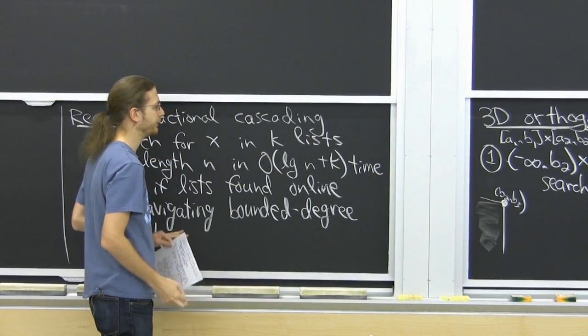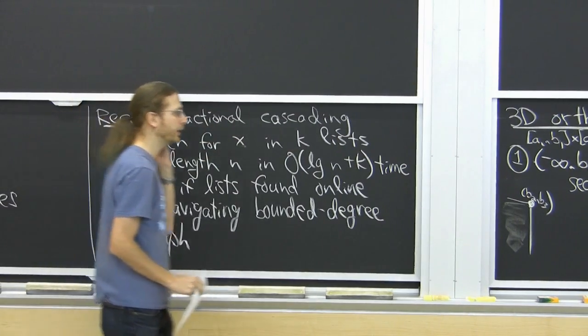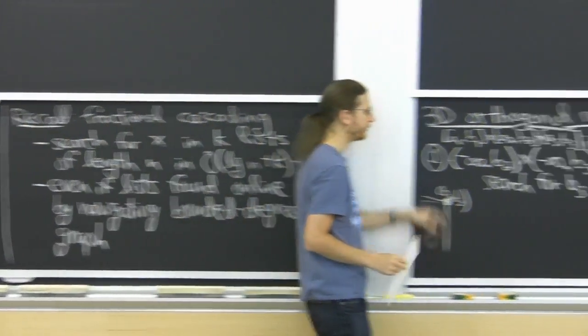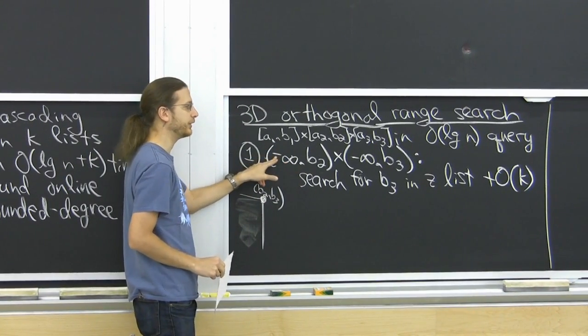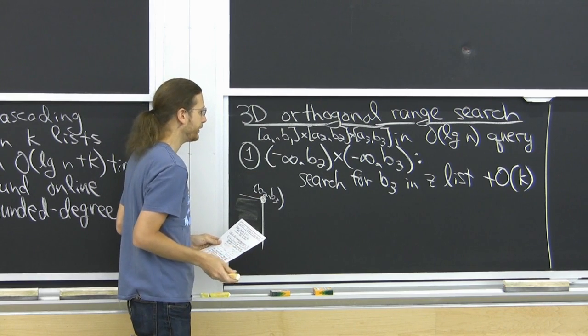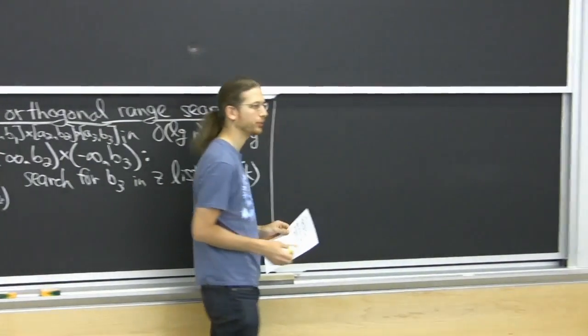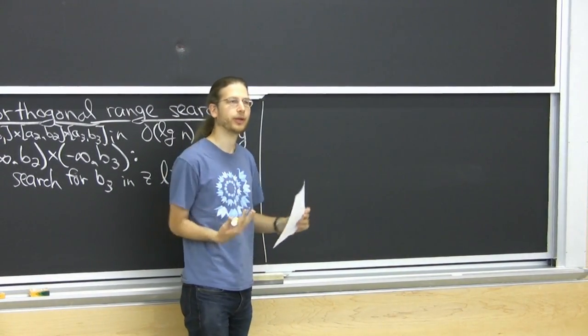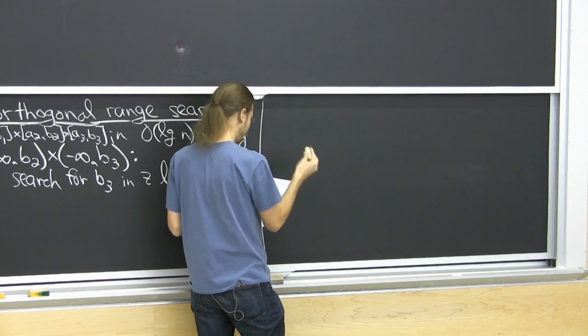So I don't want to just think of it as log n. I want to think of it as one of these fractional cascading operations. So this is the time bound I want to get for finding the k points in this search range. Now here's the fun part. We're going to transform this into a kind of stabbing ray problem like we saw last class and in the retroactive stuff and so on.